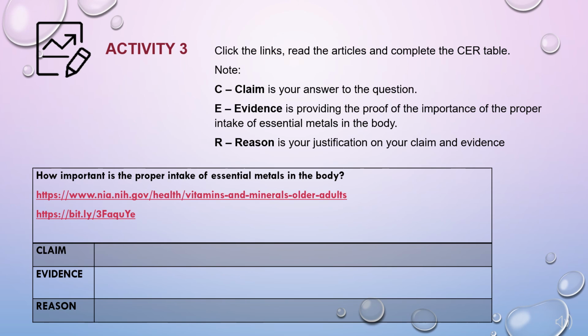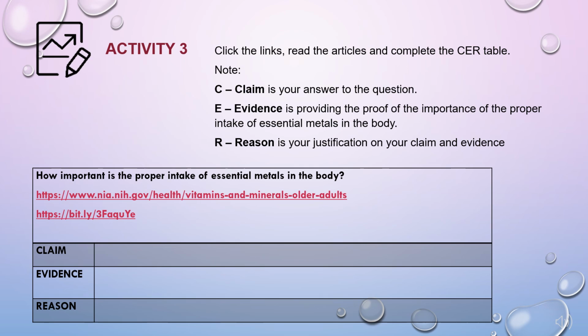And then, what else? Okay. Iron. Okay? Your blood needs iron. Okay? So, gaano ka-importante na dapat tama yung pag-take natin ng mga essential metals, no? That is the question. So, your answer to this question will fall under claim.